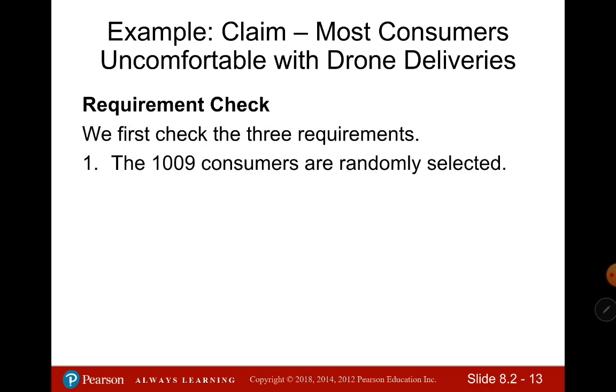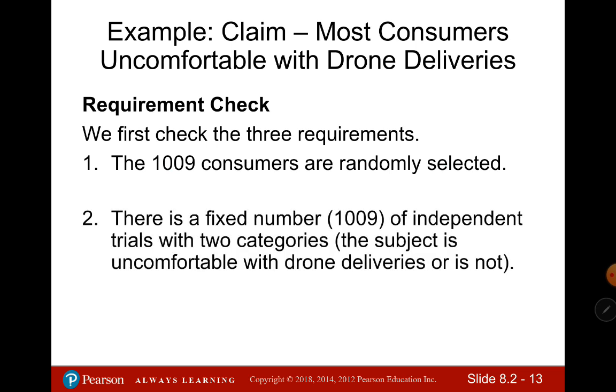Before we start the test, we need to check the requirements. We can quickly go through that, because in your exam or quiz you don't have to check the requirements, but in real life, in your future work, maybe you need to. First, they are randomly selected, so the sample is a simple random sample.